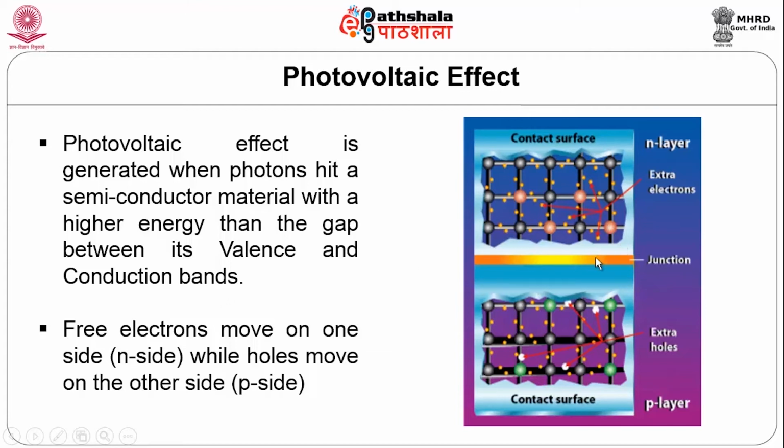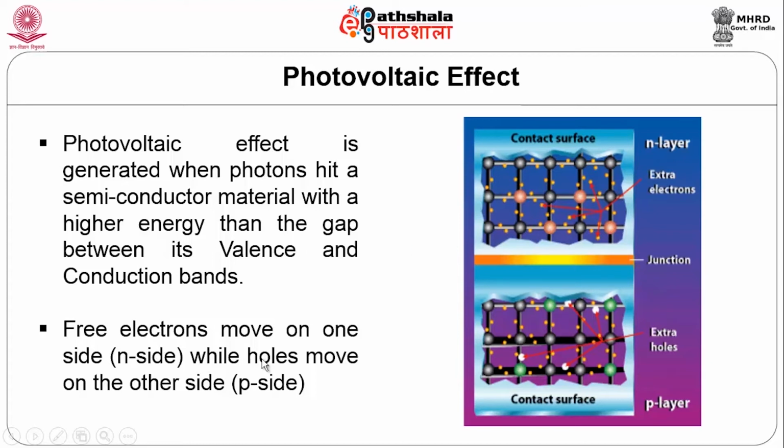And here you see the n type layers, the junction, and the p type layers, and you find the holes in the p type, and the n type electrons will try to fill the gap at the bottom, so when the load is connected, you get electricity out of it.